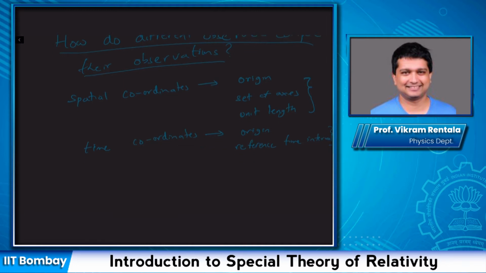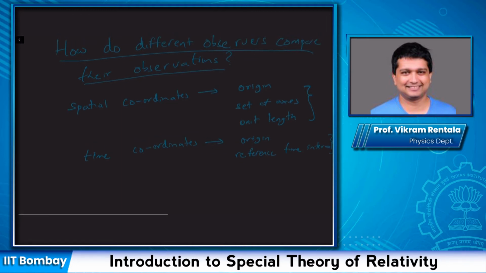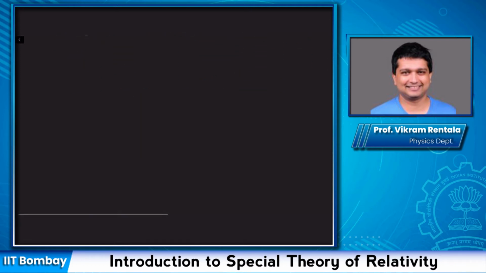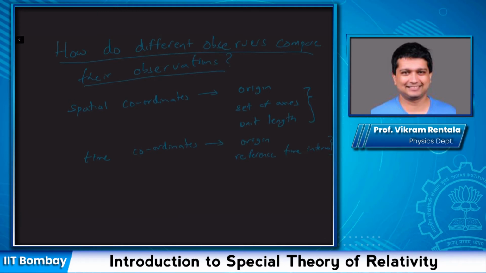Okay, so first let's take a simple class of observers. Let's take two observers who are at rest with respect to each other. But let's just imagine that the only difference between these observers is that they choose an identical time origin, that is, they have the same clocks and they start them at the same times. They have the same reference time interval.